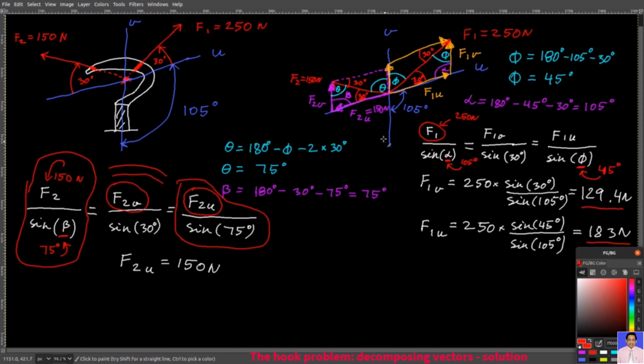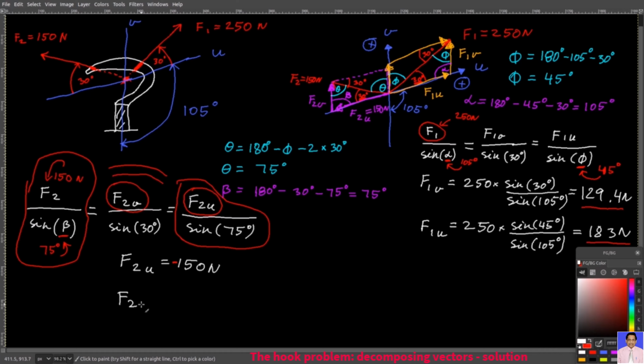The only thing is that if we assume that the positive U-axis is in this direction and positive V-axis is in this direction, so I'm going to put plus here and plus here, then F2U really equals minus 150 newtons.